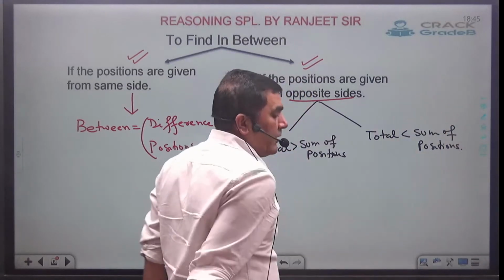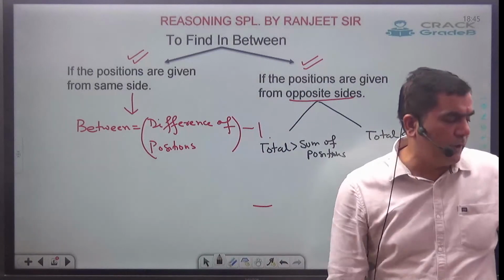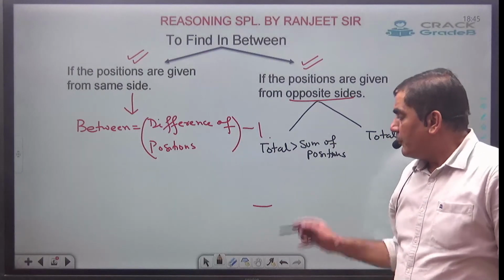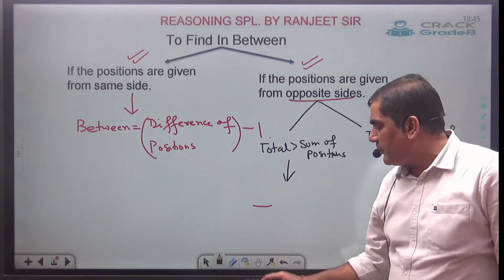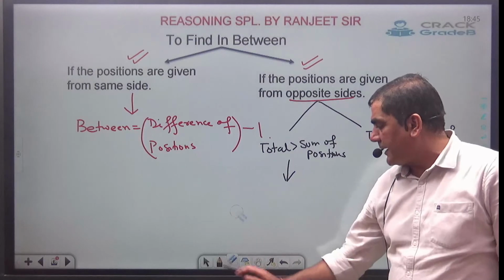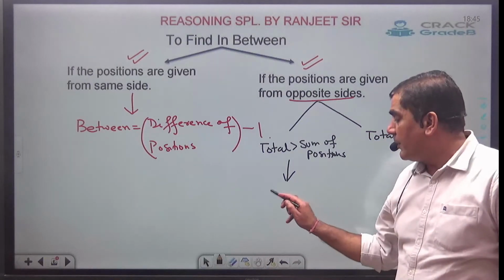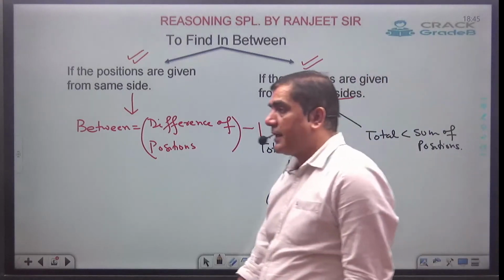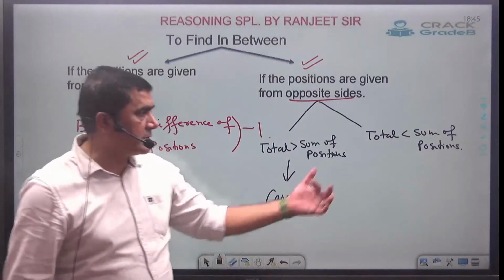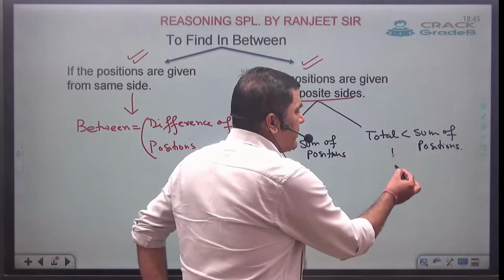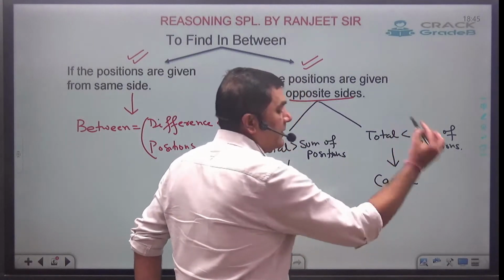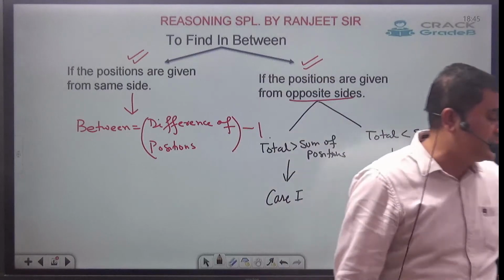Clear? Now always remember, if the total comes out to be greater than the sum of the positions, that will always be case number 1. And if the total is less than the sum of the positions, then the answer will always be case number 2.